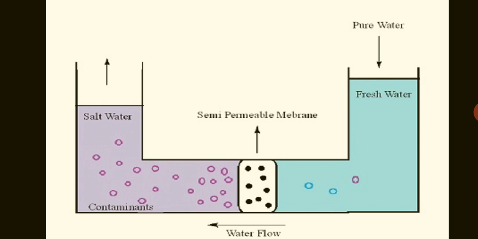In between, the semi-permeable membrane is fitted, and on the left hand side we have filled salt water, and on the right hand side we have filled fresh water which is drinkable. Salt water you can also consider seawater.